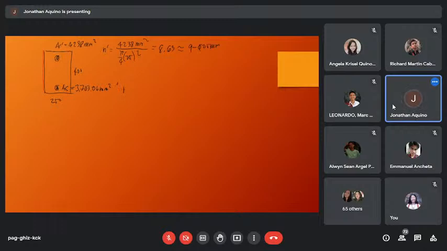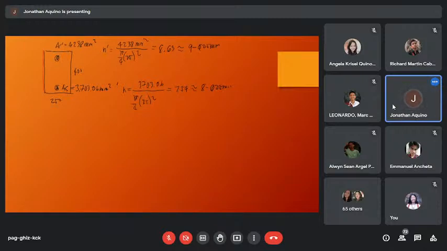Then the tension reinforcement, 3703.06 divided by the area of 25 millimeter diameter bars. So this will give 7.54. So say 8 diameter 25 millimeter.